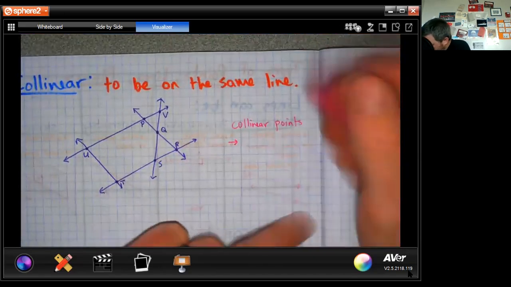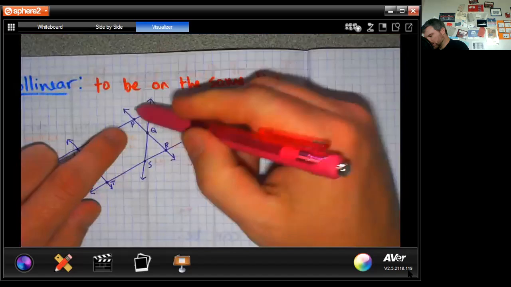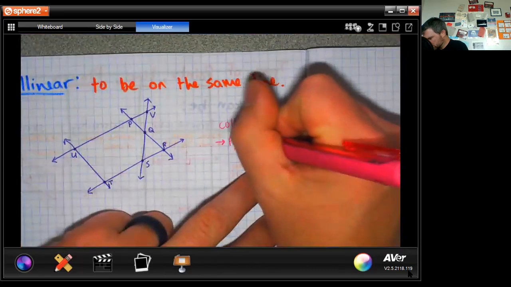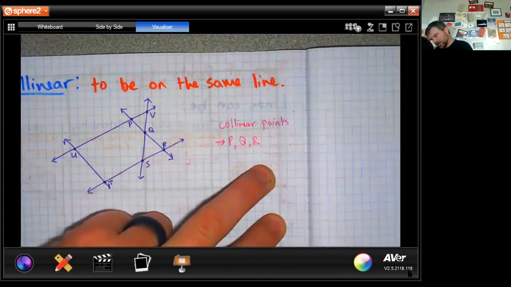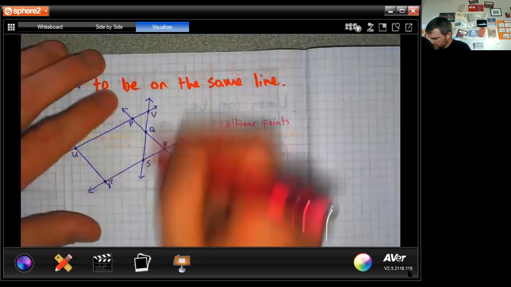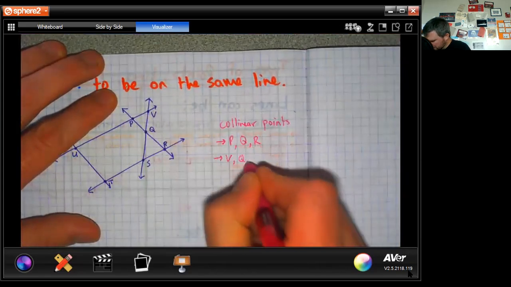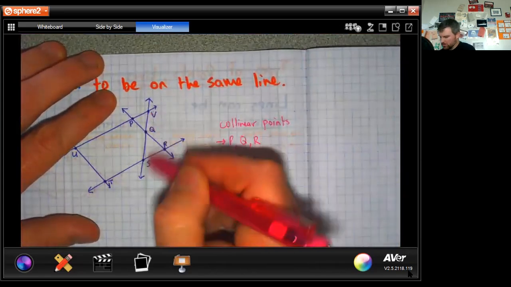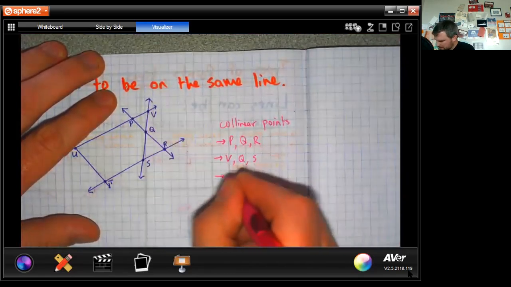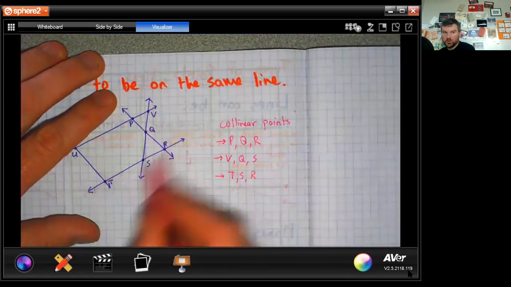So let's look at P. So going along a line here, we've got P, Q, and R are collinear. They are all on this line right here. Let's do this line. So we've got points V, Q, and S are all collinear because they all lie on this line. And let's do one more group. We got T, S, and R. T, S, and R are all collinear.